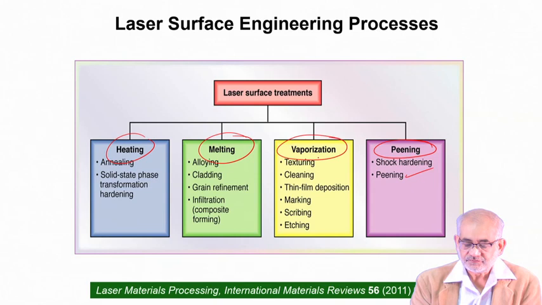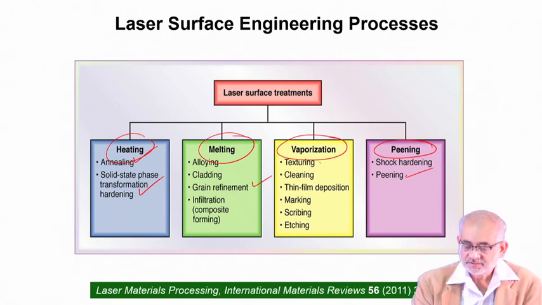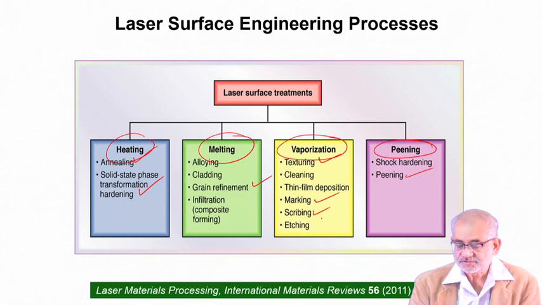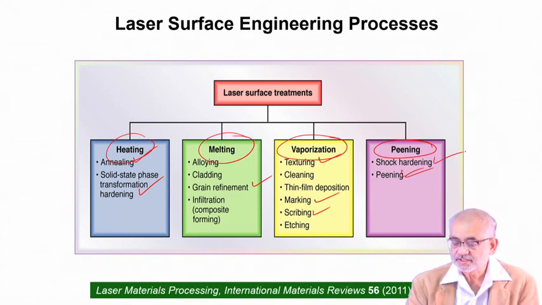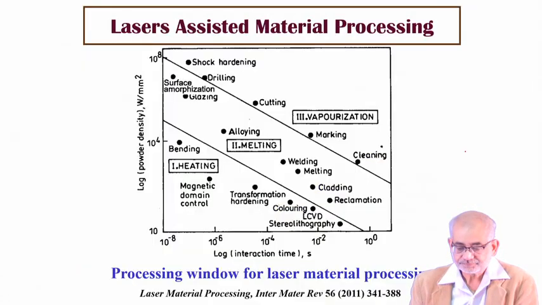But please remember, we can do many of these processes like annealing, solid state hardening, grain refinement, texturing, even maybe marking or scribing, all these processes without shock peening or shock hardening, only through change in microstructure and no change in composition.